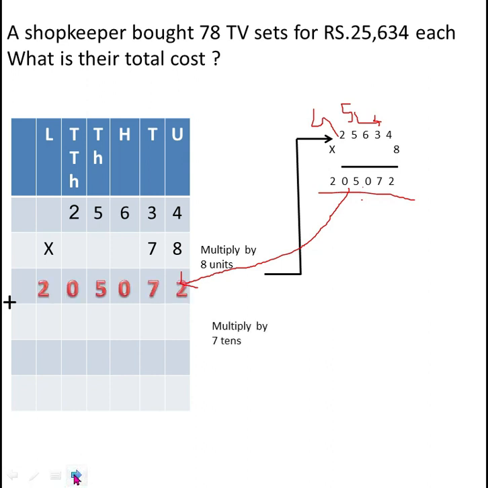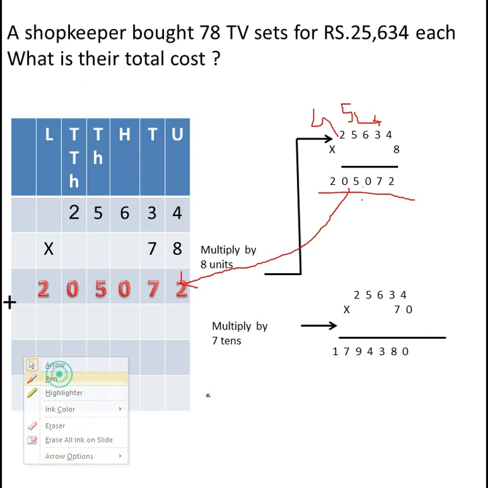Then I will multiply 25,634 by 7 tens. 7 tens means 70. First I put this 0 here, then I multiply by 7. 7 into 4 is equal to 28.